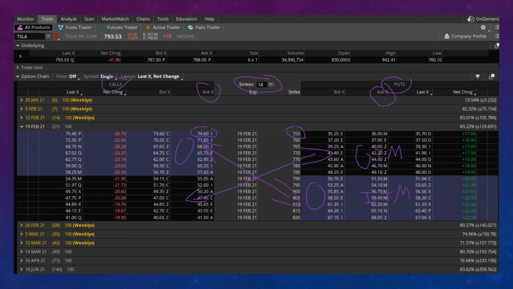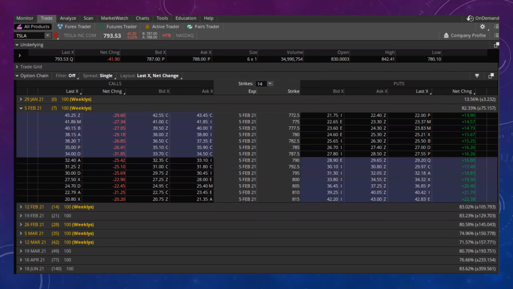You look at that price, and that's how much higher the price of Tesla has to go from the strike price, so add them together. And whatever that number is, that's how far up the price has to go for you to actually break even on your option trade. So it has to go up at least that high within this amount of days, 21 in this particular case.